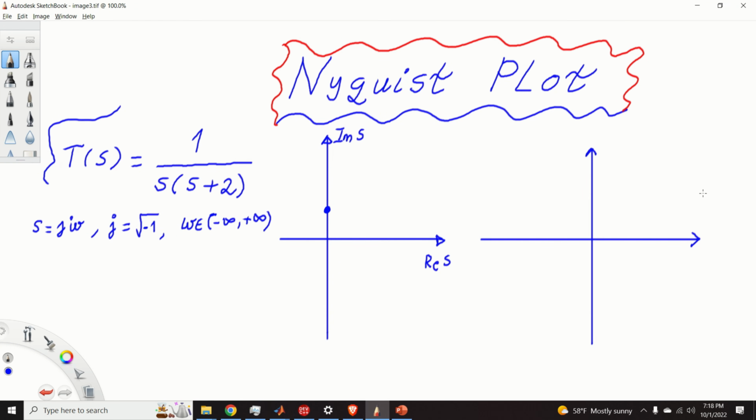Let us see now what happens with our transfer function T of j omega when we vary omega from -infinity to +infinity. So what we actually do is take omega and slide along this axis. We go upwards.